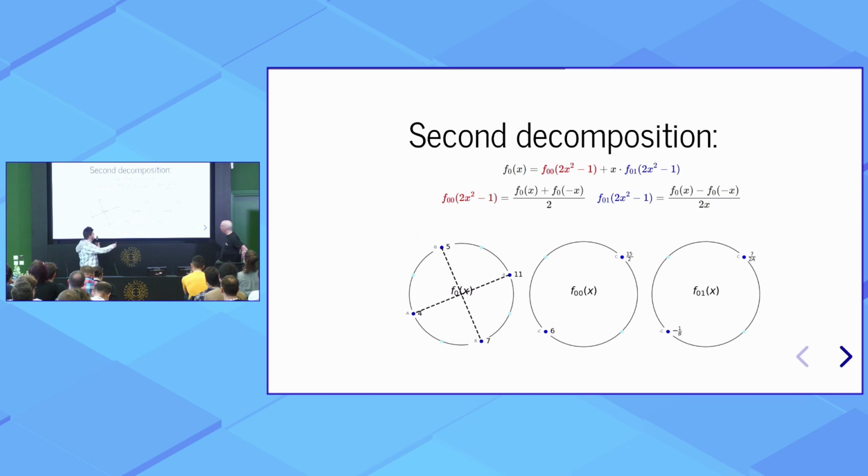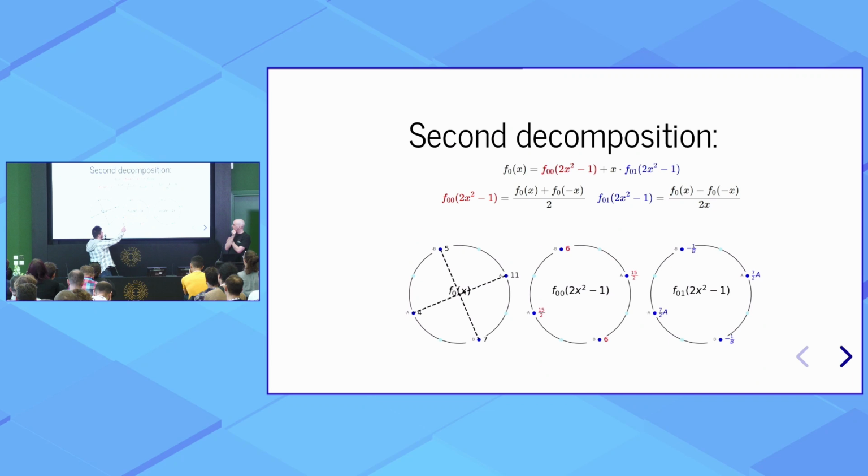Yeah, I mean, if you take this polynomial and you take f00 at 2x squared minus 1, what 2x squared minus 1 actually does is a doubling of the point. So this polynomial, when I put in this point, it actually first doubles and evaluates on the next polynomial. And this one, it doubles and goes to the same point and gets this polynomial.